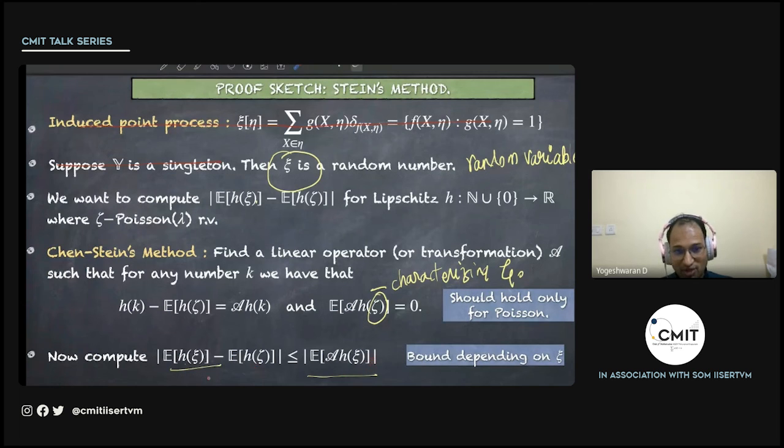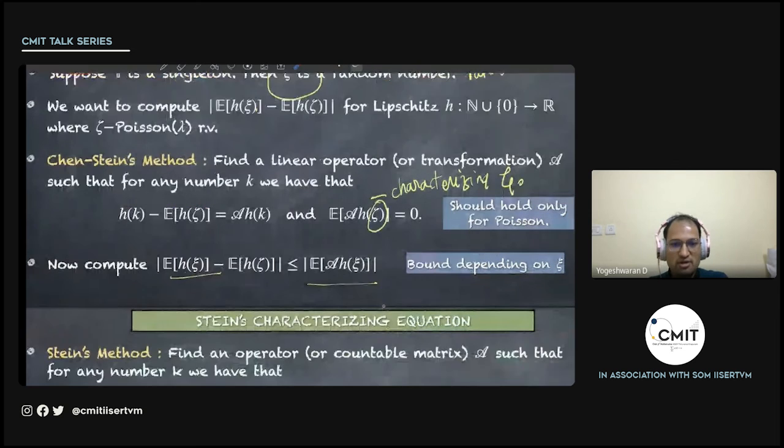I wanted to compare how far xi is from zeta. I've reduced it to computing a function of xi itself. That's the beautiful thing about Stein's method, the first beautiful thing. Now it's purely dependent on xi, not on zeta. You have to compute some things about xi. That's it. Okay, now first step.